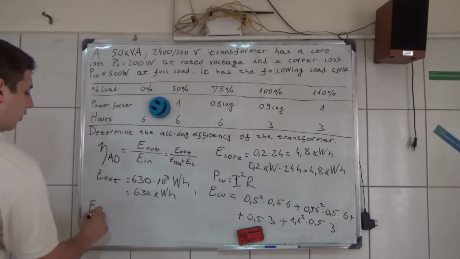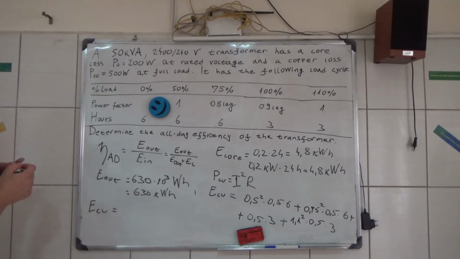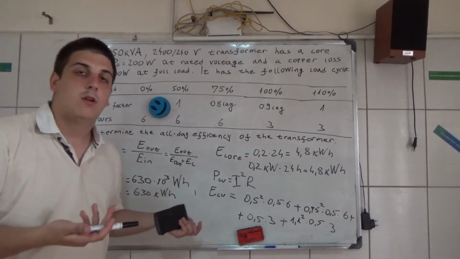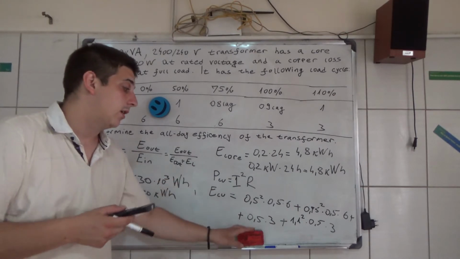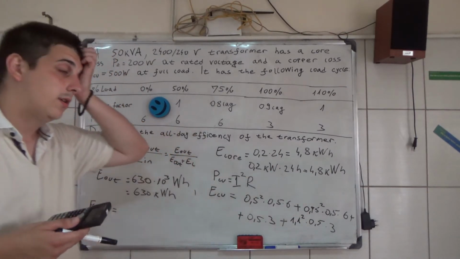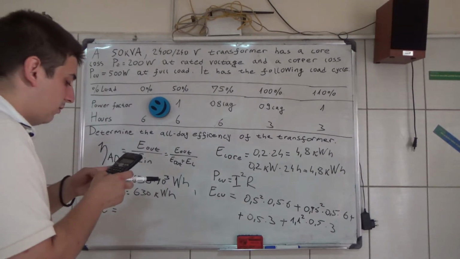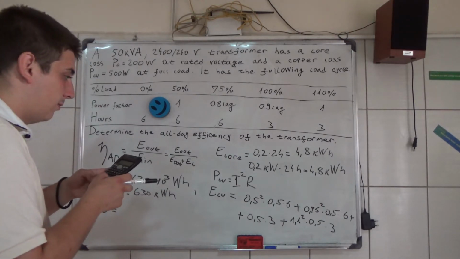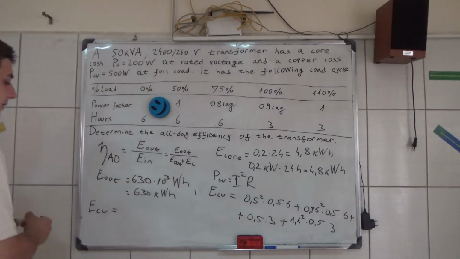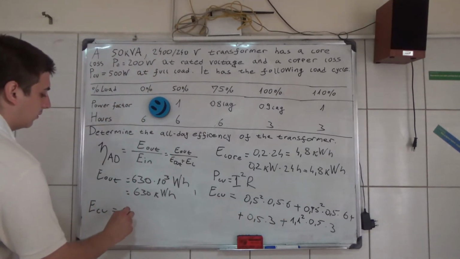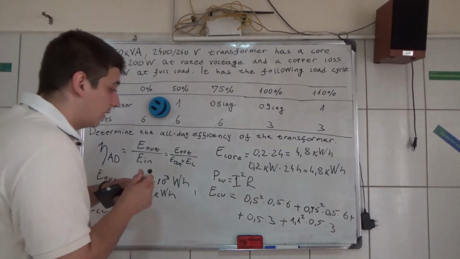I'm just going to continue writing this down over here. Now all you need is a calculator to calculate the value of these numbers. So 0.5 squared times 0.5 times 6, here we have 0.75 kilowatt hours.